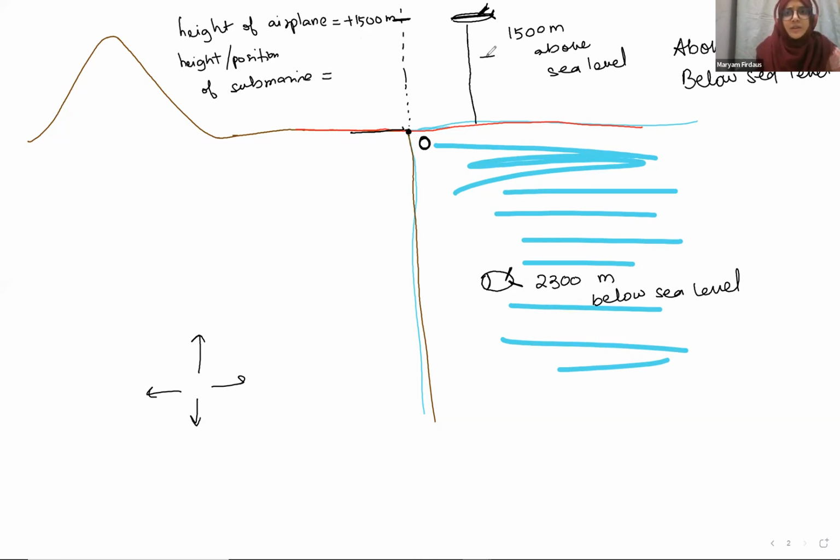If this is positive, what will the submarine's height or position be? Negative. Yeah, it will be negative 2,300 meters. Because if you wrote positive 2,300, that would mean it is even above the airplane, which isn't true. So it is negative 2,300 meters.